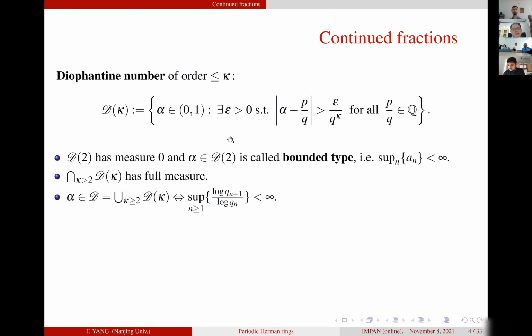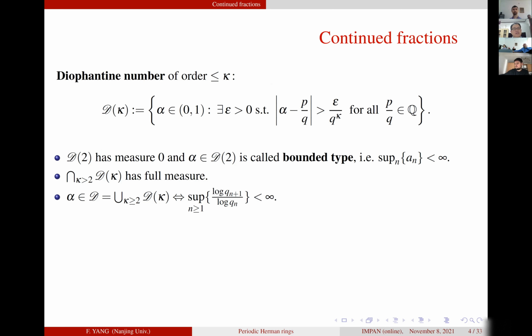It says there exists some epsilon greater than 0 such that the distance between alpha and any rational number p over q is greater than epsilon over q to the kappa. And we state some basic properties. D2, that means kappa equals 2.